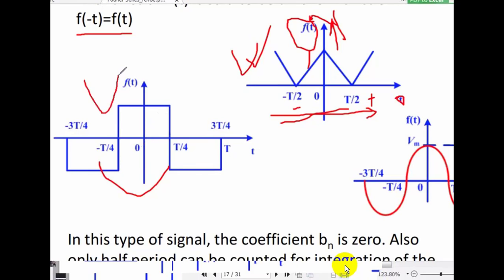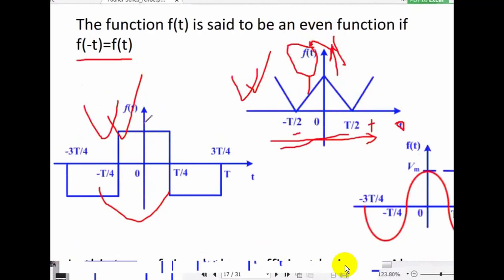So let's see this square wave signal. Is it even function or odd function? What is the value of f of t?